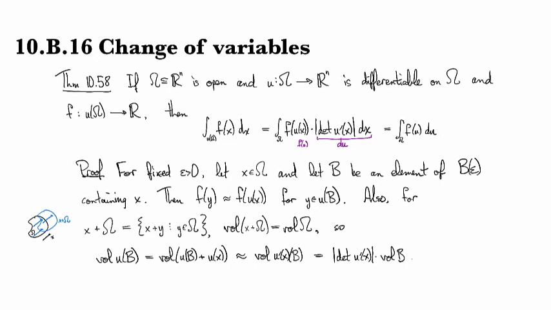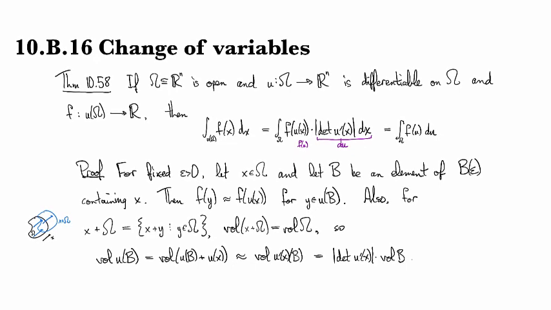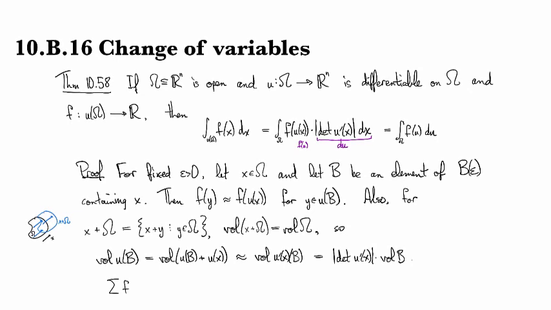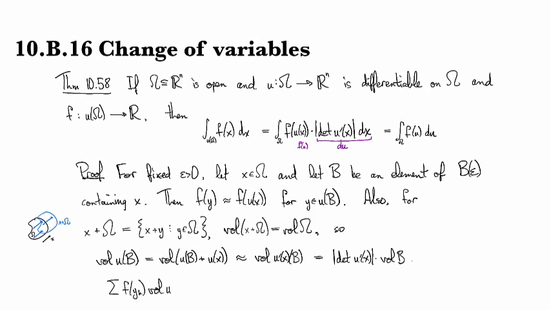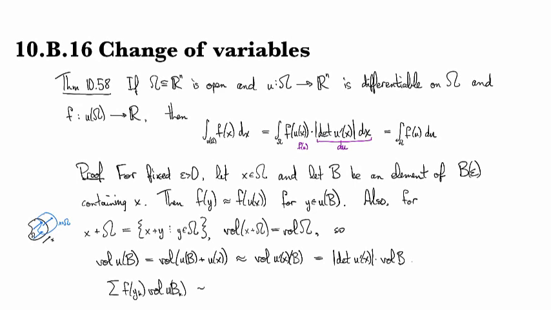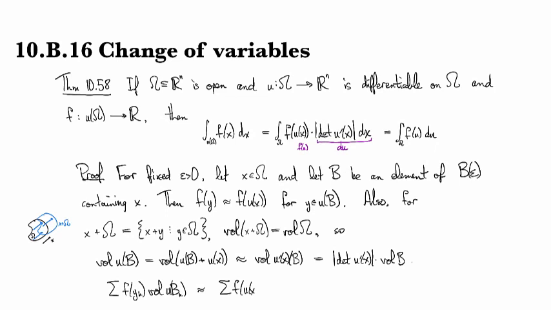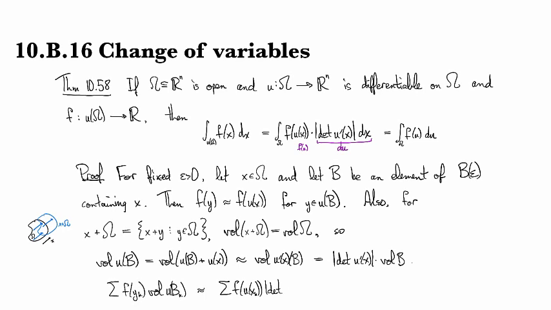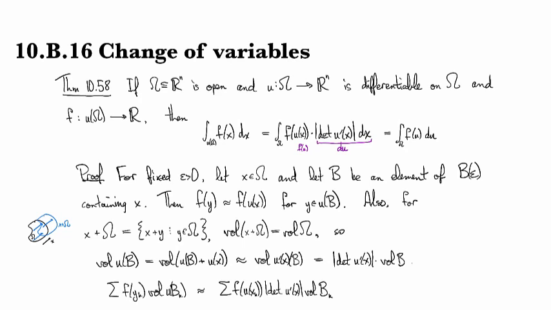And so then collecting this across all boxes, we have that the sum of f evaluated at some point y times the volume of the image of bk under u is going to be approximately equal to the sum of f at u of xk times the determinant of u prime x times the volume of bk, where here I'm writing yk for u of xk.